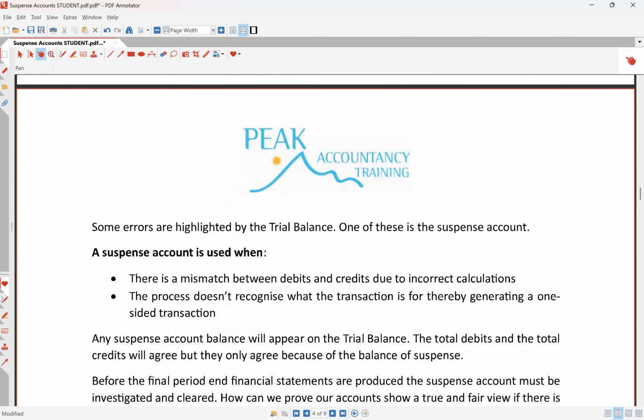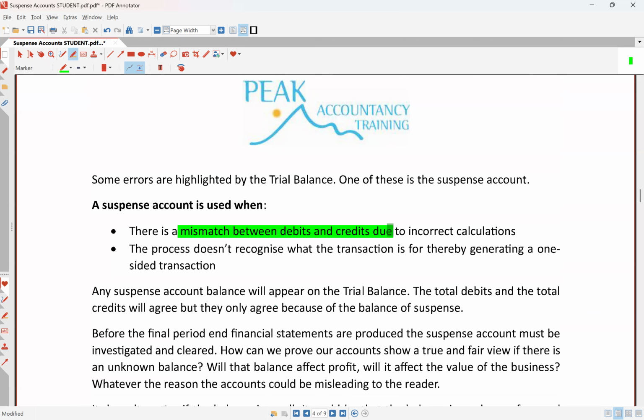There could be a mismatch between your debits and credits. It could be for all sorts of reasons. We're going to look at a few of these in a moment as well, but it could be that you've balanced an account incorrectly. Maybe you've brought the balance carried down into the trial balance rather than the balance brought down. But for some reason, we've got it wrong and our debits and our credits don't match.